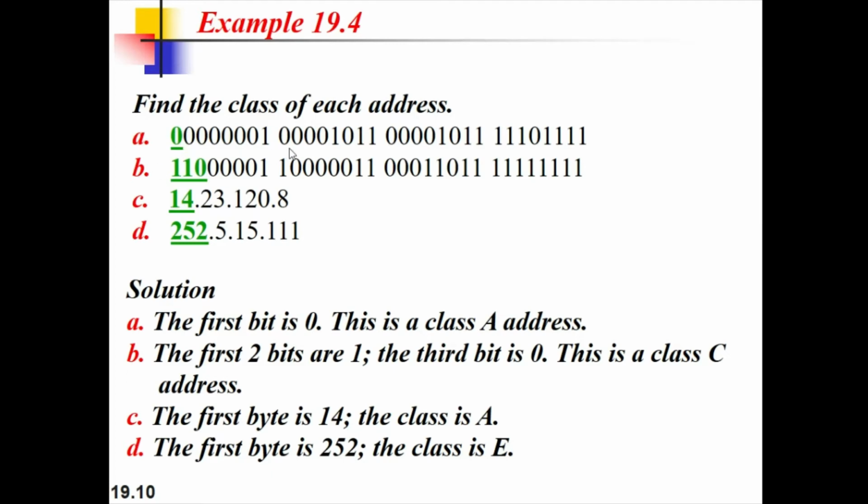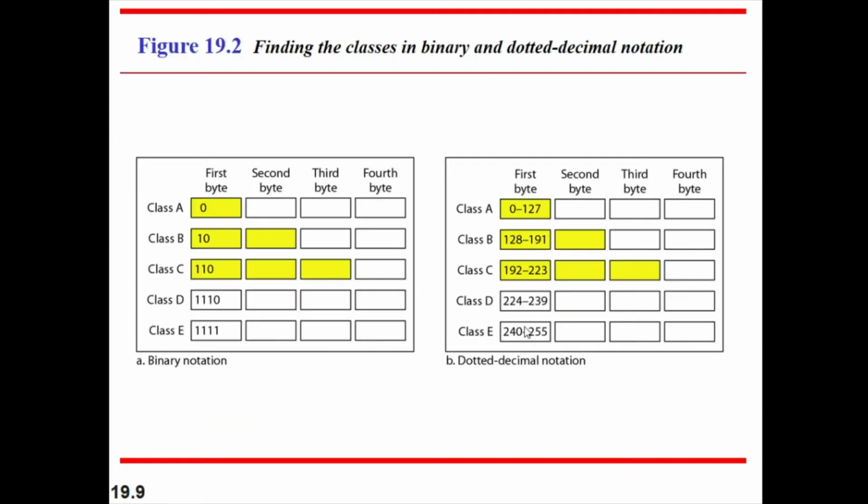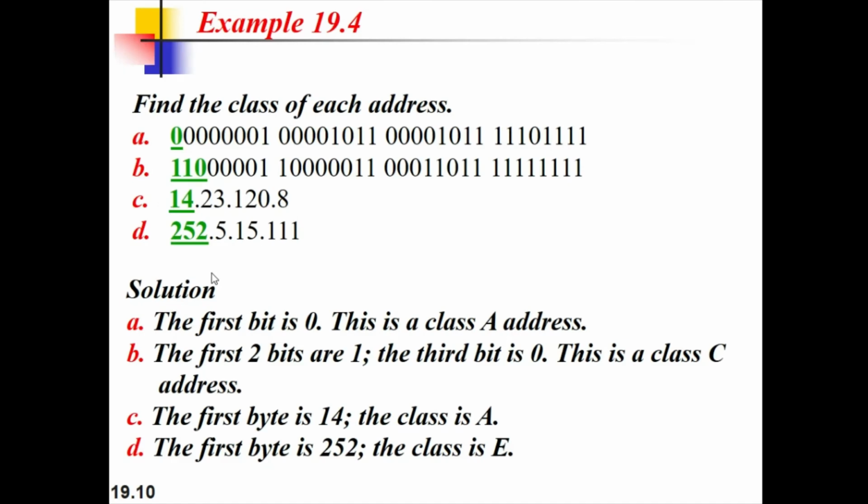For B, the first byte starts with 110, so this is class C. For C, we have 14, which is between 0 and 127, so it's class A. And for D, you have 252, so 252 is in class E. Based on this, you need to know and differentiate or identify the class of the address.